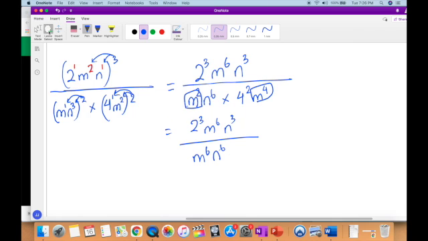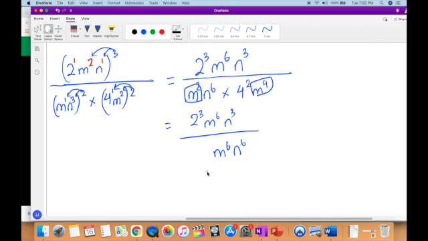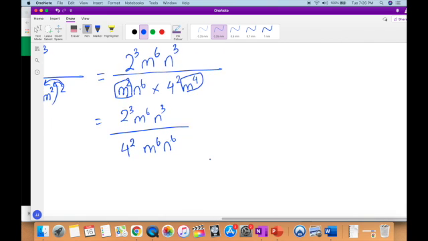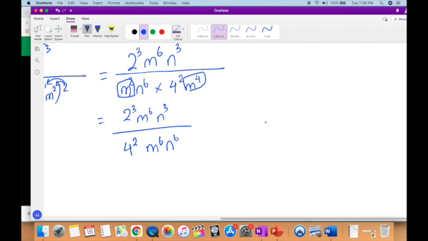So I have these two being multiplied by 4 squared. What is 4 squared? Isn't 2 squared 4? 2 2s are 4. So I could actually take this 4 and replace it by 2 squared.